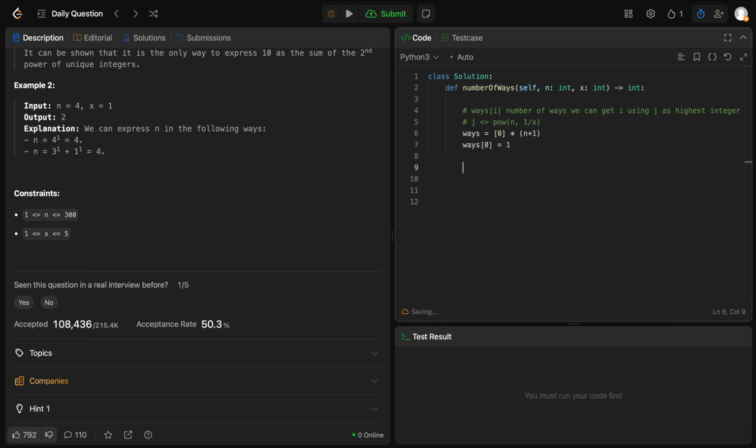Okay, now that that's out of the way, so 0 we can get if we don't use any element.